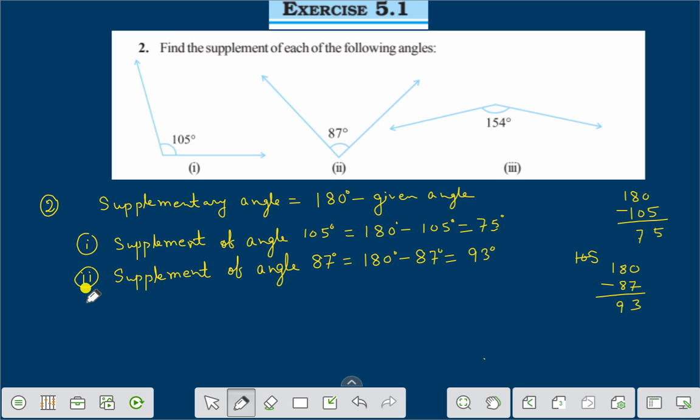Right? Now question number 3, it is given as 154 degrees.